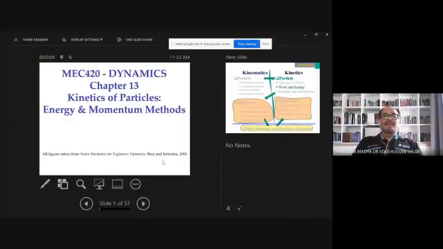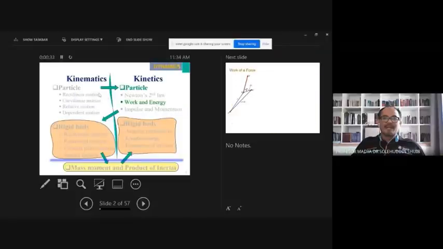For this topic, most of you at diploma level have been exposed to it, so this is nothing new. We're going to recap the important concepts, and then as usual do a few examples to strengthen the fundamentals.